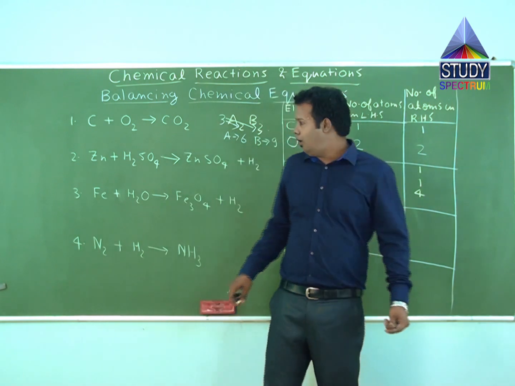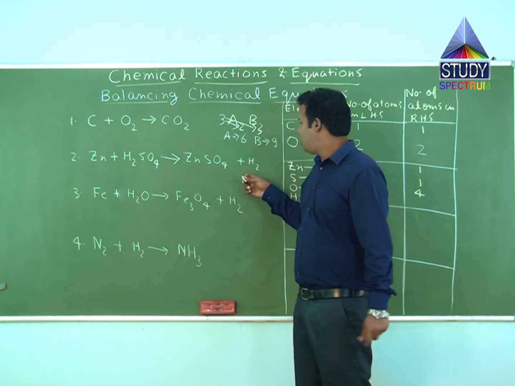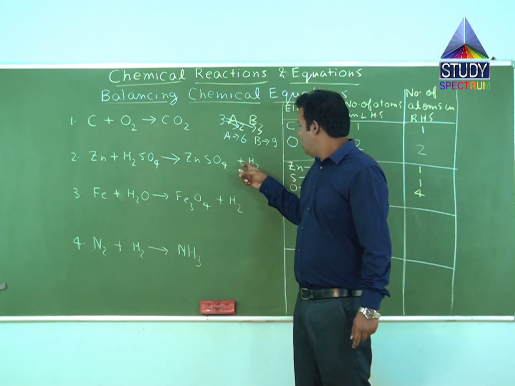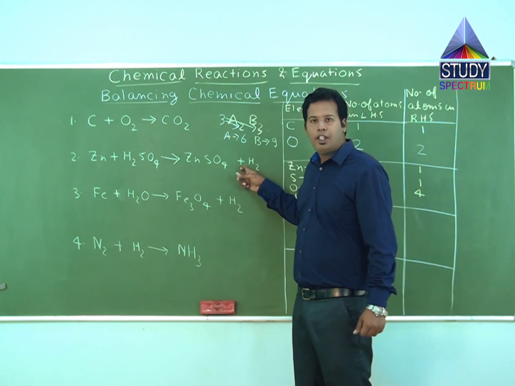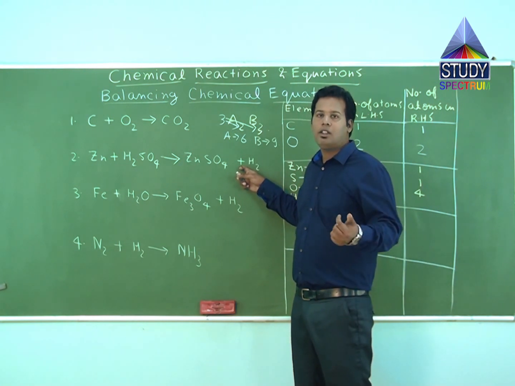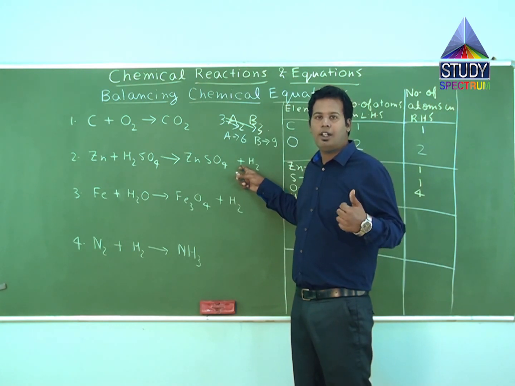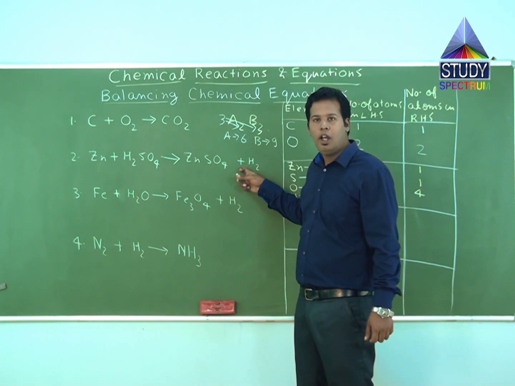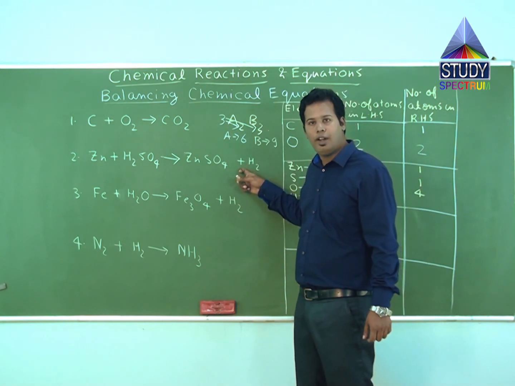Correct? Now, the last element, hydrogen, is written as the second product in this equation. Nothing has been written as the coefficient of H2. It means the coefficient of H2 is 1, as 1x means the coefficient of x is 1 and x also means the coefficient of x is 1. Since nothing has been written as coefficient of H2, the coefficient of H2 is 1.